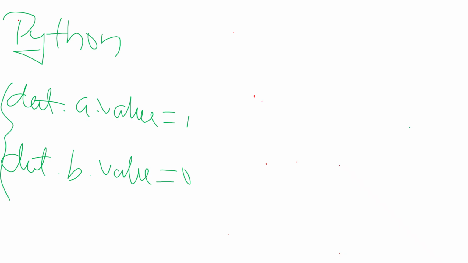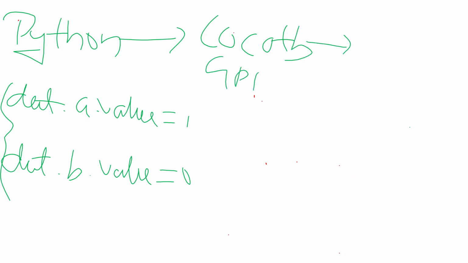As we know, Python cannot directly communicate with a simulator. So there is Cocotb, having a GPI interface. Suppose the simulator supports the VPI interface.